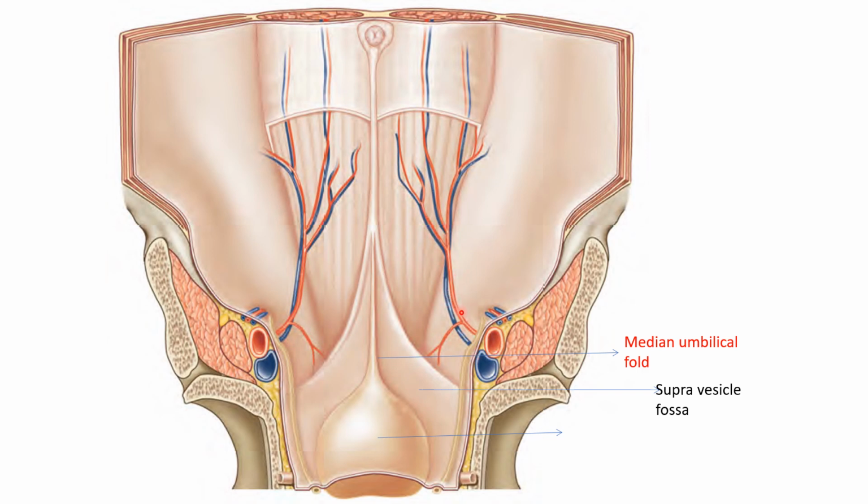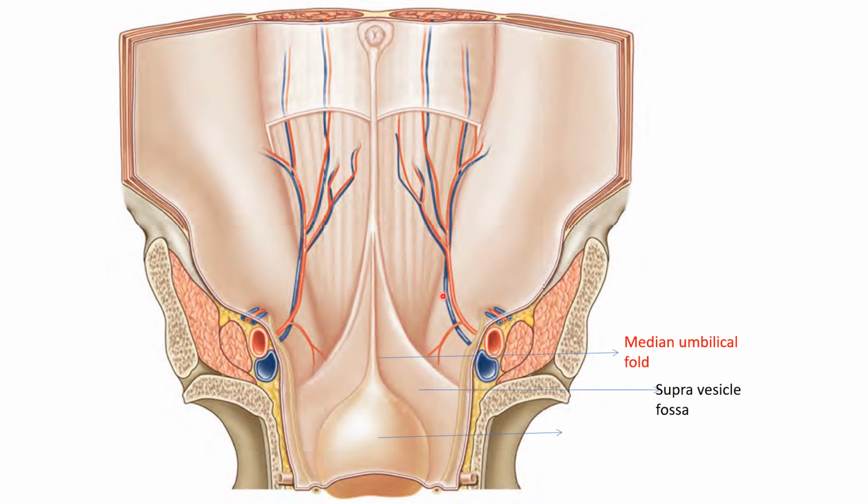Now, here we need to understand the fossae which are present. Between the median umbilical ligament and the medial umbilical ligaments, we can identify two fossae, one on either side. These fossae are called the supravesical fossae.